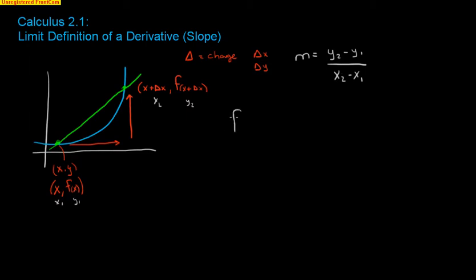So that's going to be f of x plus delta x minus y1. y1 was f of x, all over x2. Well, that's right here. That's x2. So x plus delta x minus x1, which was just x. And we'll see down here that the x's right here just cancel.